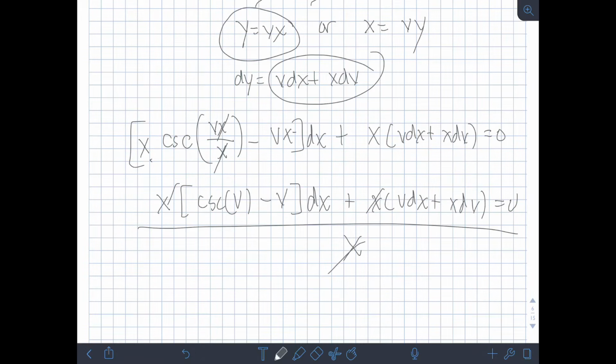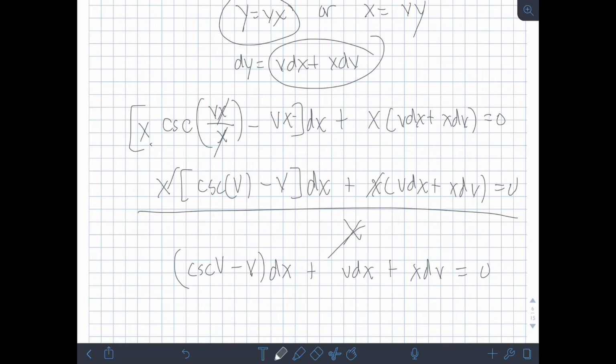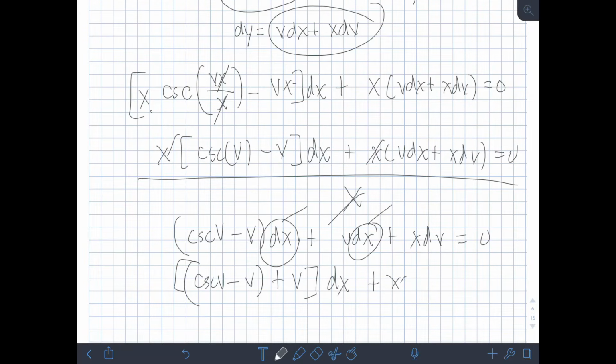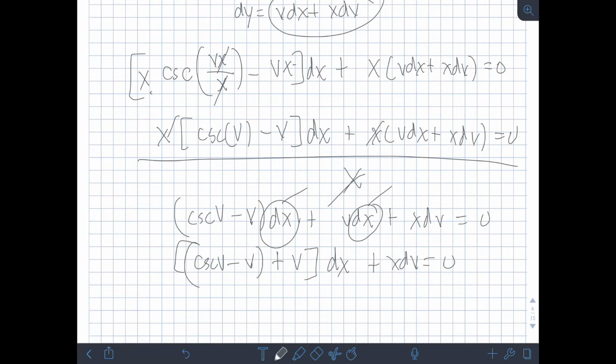So parang, cancel na yung x, magiging cosecant v minus v quantity dx plus v dx plus x dv na lang equal 0. Tapos pagsamahin natin itong may mga dx, so magiging cosecant v minus v plus v quantity dx, so pinagsama ko to, plus x dv equal 0. So ito makakancel, so magiging cosecant v dx na lang plus x dv equal 0.